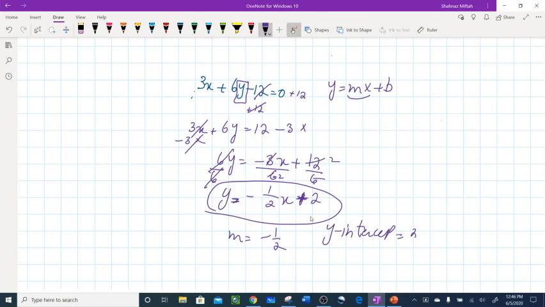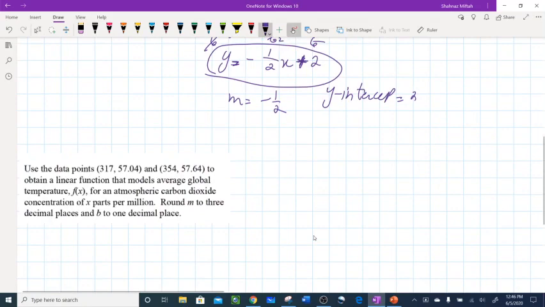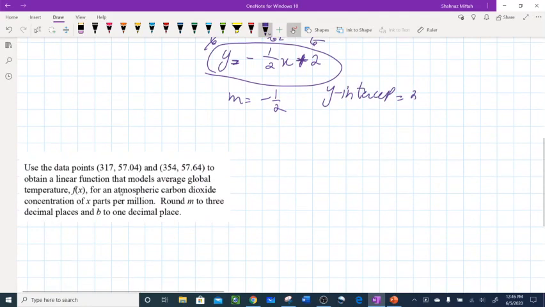Now there is this question right there. Use the data points, these 317, 57.04 and 354, 57.64, to obtain a linear function that models average global temperature for atmospheric carbon dioxide concentration of x parts per million.